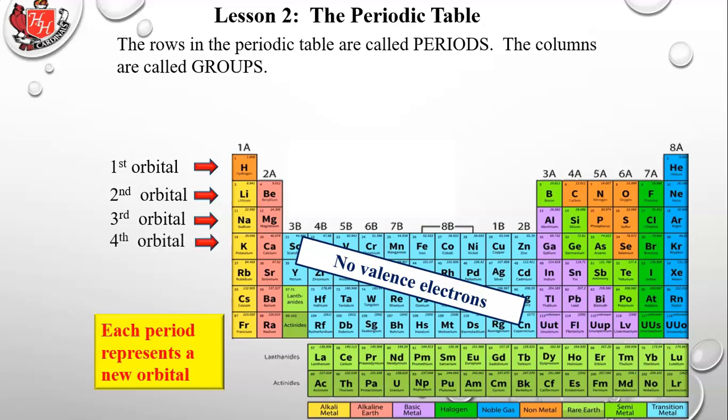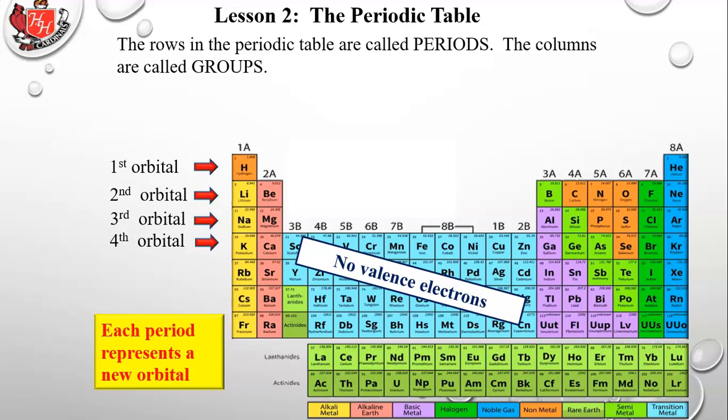Now, when you go to the fourth row and below, it gets a little more complicated because you can see those light blue elements, the transition metals, they show up. And they add a number of extra orbitals. However, they are not valence orbitals.